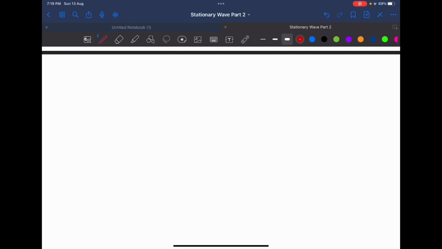The next thing we're going to look at is the standing wave of sound. So we're going to look at stationary wave or standing wave in pipe. Okay, so there are 2 situations we're going to look at.